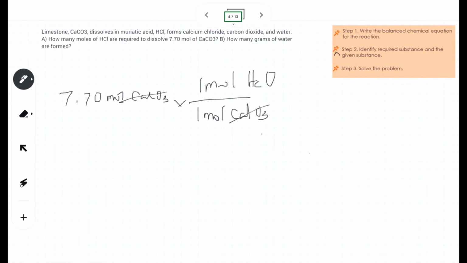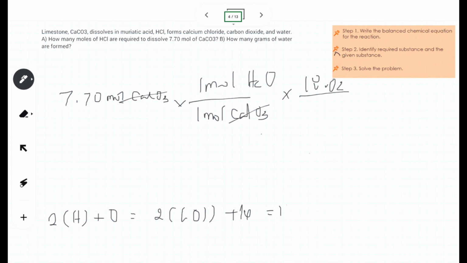So for each mole of calcium carbonate that reacts, 1 mole of water is produced. Now, we can convert moles of water to grams. The molar mass of water containing 2 hydrogen and 1 oxygen atom is calculated as 2 times 1.01 plus 16, which equals 18.02 grams per mole.